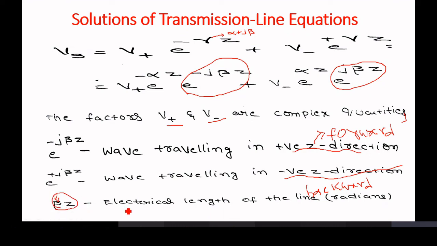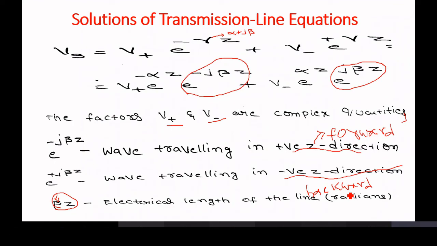Beta z is nothing but the electrical length of the line, and its units are radians. Beta has units of radians per unit length, and z is the distance, so the lengths cancel and we have only radians.